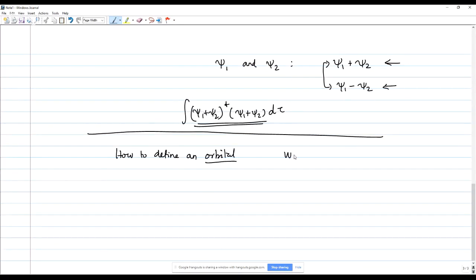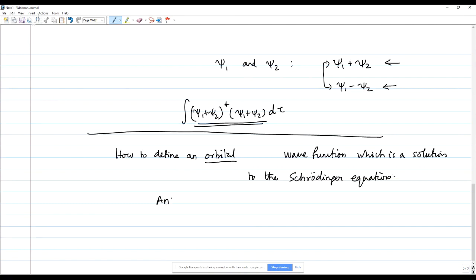It's a wave function which is a solution of the Schrodinger equation. Therefore, an atomic orbital is a solution of the wave function to the atomic Schrodinger equation.